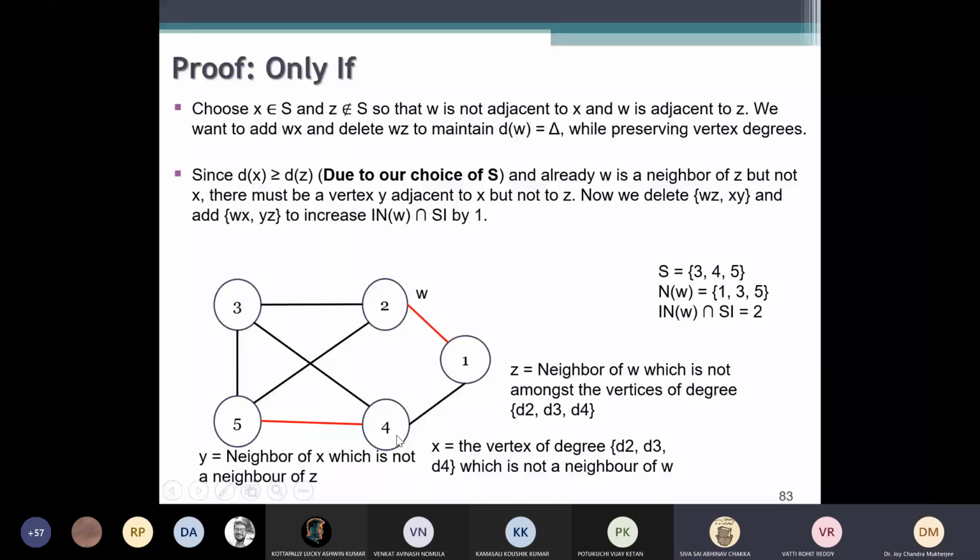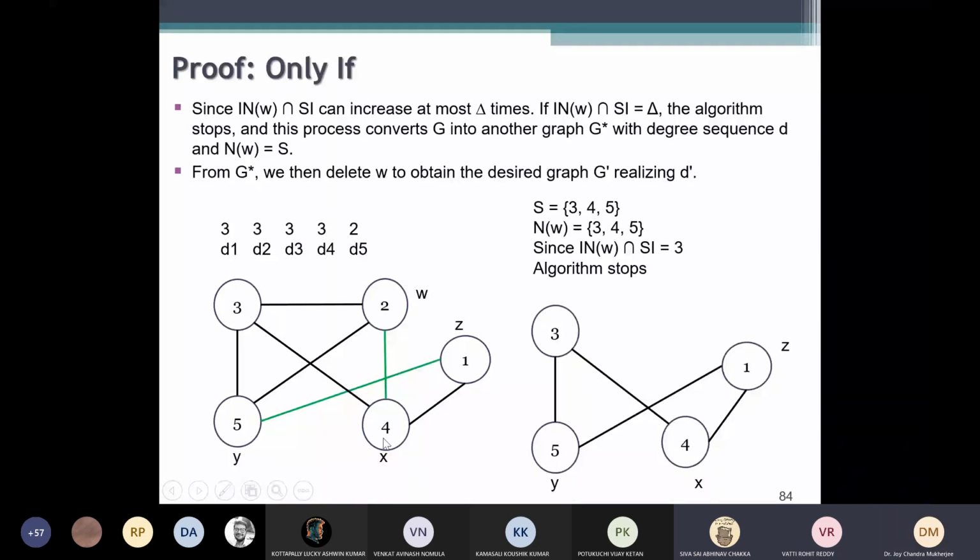Now to do that, we know that since the degree of x is 3 and it is greater than dz, and already W is a neighbor of z, this x has a neighbor y which is not a neighbor of z. So what we do, we add 2 4, we delete 2 1, and we add 1 5.